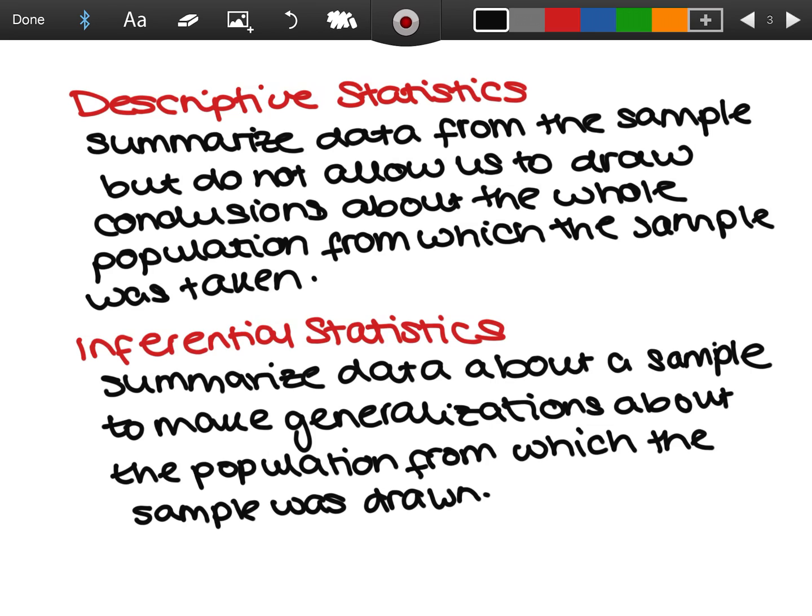The other type of statistic that you have is an inferential statistic. And this is one that can be extrapolated. Inferential statistics are where we take statistics from a sample and extrapolate those to tell us something about the whole population.